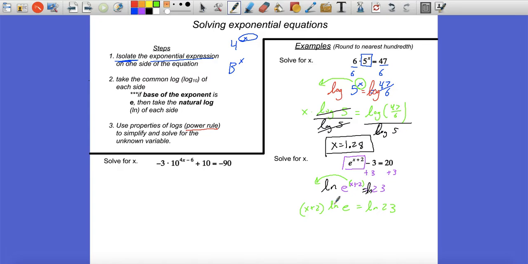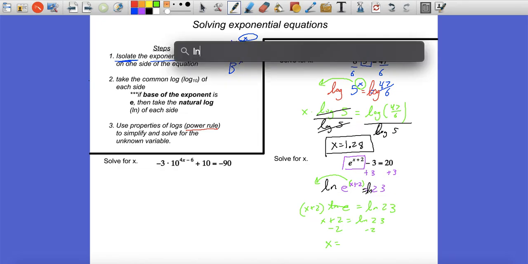We remember natural log of e is 1 because this is log base e of e. That cancels out. You could divide by this and enter it in the calculator, and it wouldn't matter either way. Then we've got x plus 2 equals natural log 23. Then we subtract 2. So we enter this into our calculator.